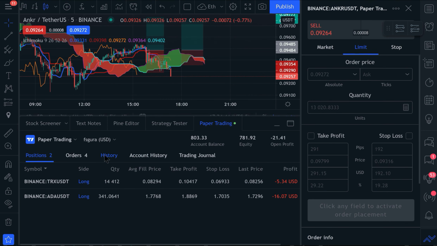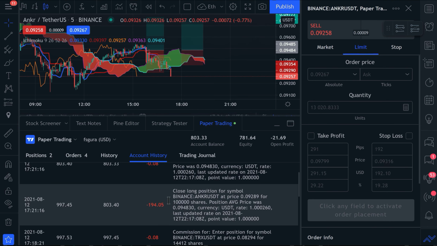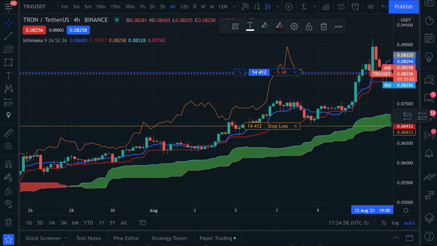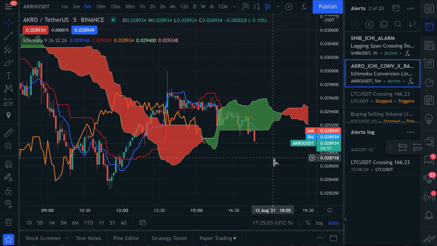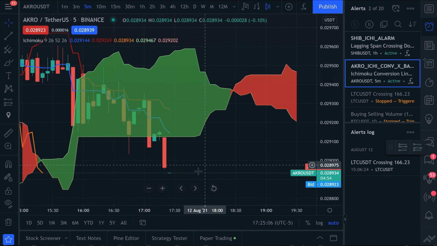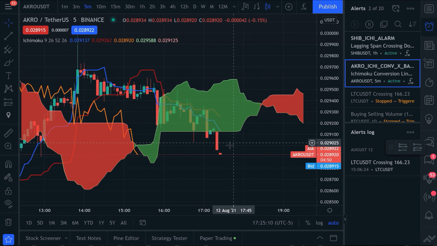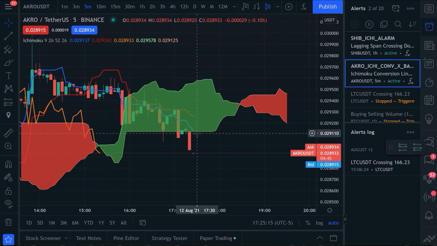Going to paper trading on account history, we will see that we lost $194. It's a big amount, but we will recover. So we will close this trade now. We still have the trade on Acro, which was suggested by Starlight, is completely out of control for the long, but it's entering the short position.